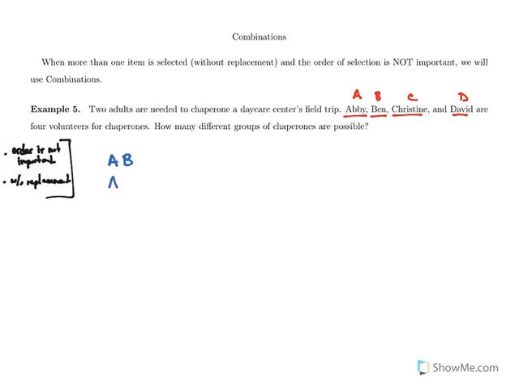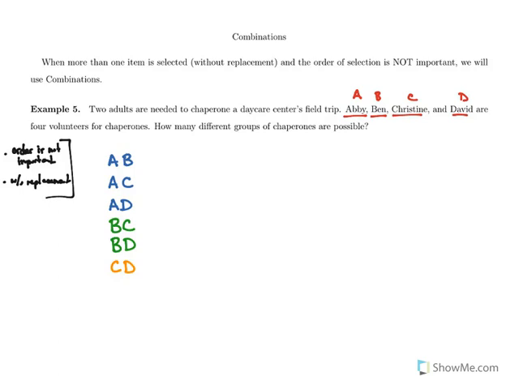We could have Abby and Christine. We could have Abby and David. Those are all the groups we could have with Abby. Now we could have Ben and Christine, Ben and David, and finally we could have Christine and David.